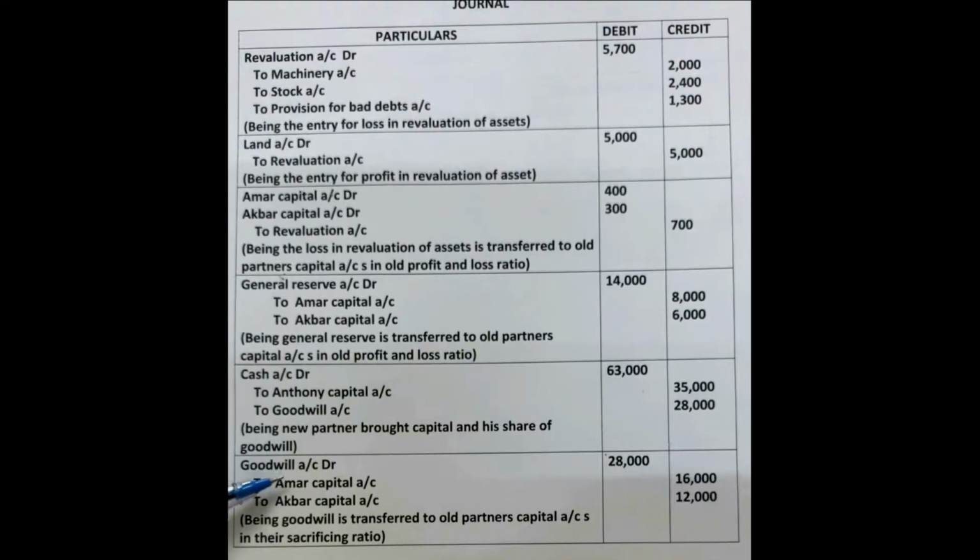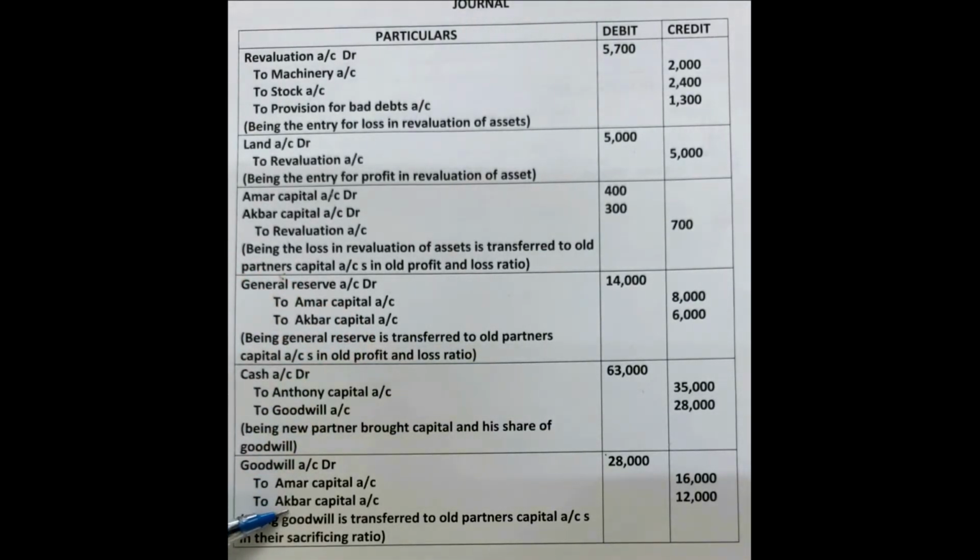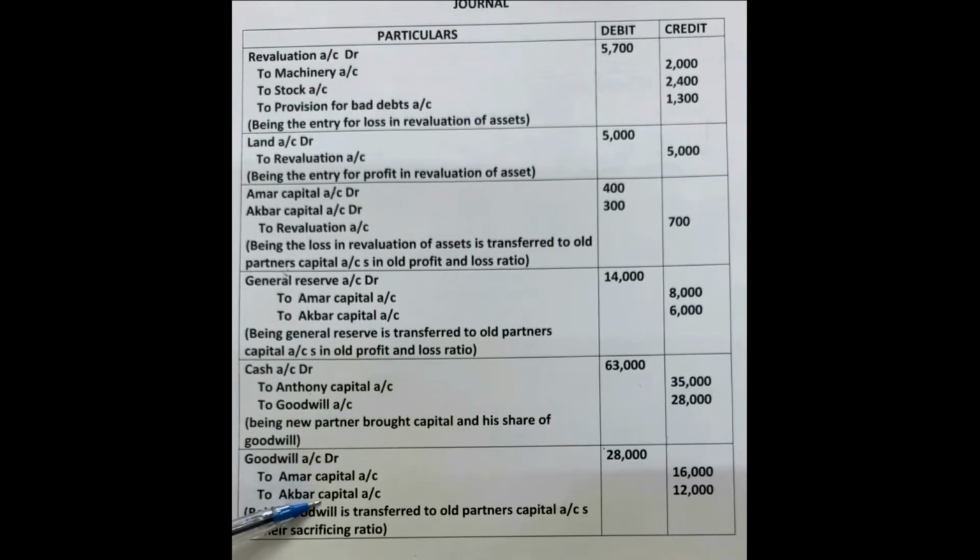Goodwill account debtor to Amar capital account, to Akbar capital account. Goodwill amount 28,000 rupees we are transferring to old partners' capital accounts in sacrificing ratio. Being goodwill is transferred to old partners' capital accounts in their sacrificing ratio. Now we are preparing capital accounts.